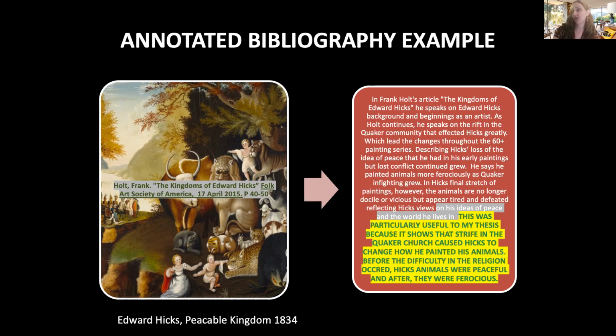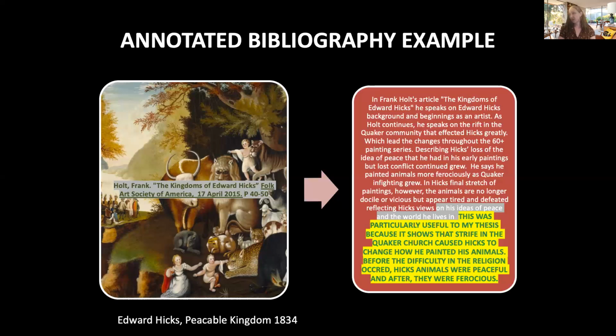So we go over this. In Frank Holt's article, The Kingdom of Edward Hicks, we know what this person's thesis was. It's about his earlier pieces, images of animals changing to more ferocious, to resigned, when he lost faith in what was happening in the Quaker Church. In this article, he speaks of Edward Hicks' background and beginnings as an artist.